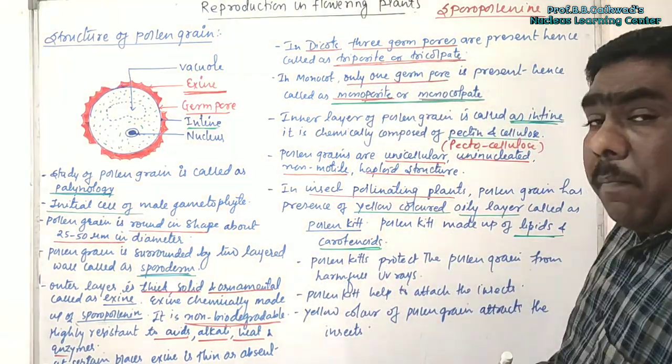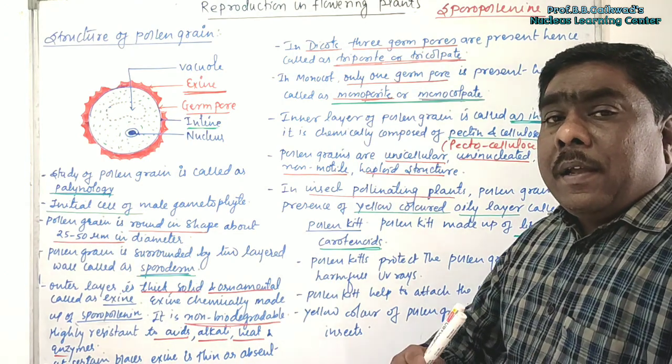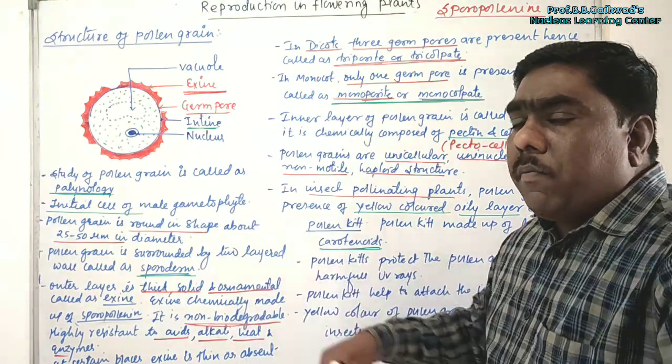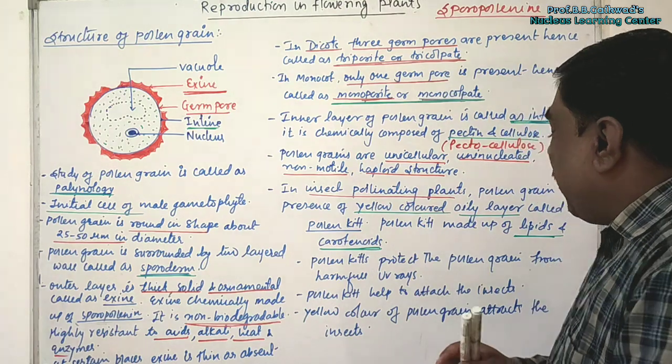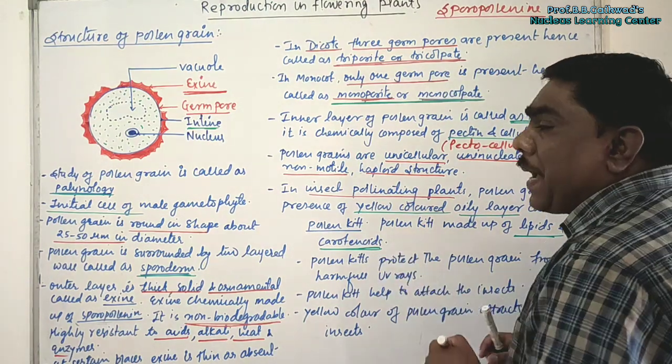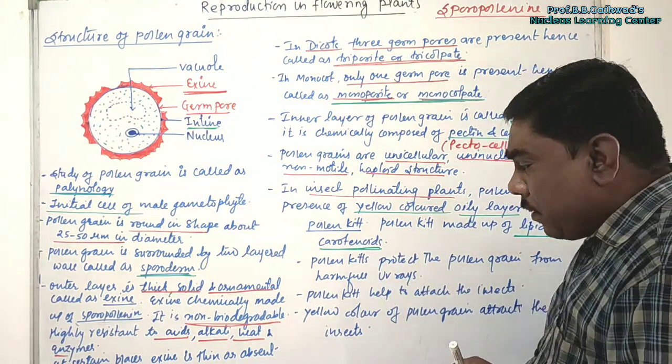So keep in mind, pollen kits which are present outside pollen grains of entomophilous plants are made up of lipids and carotenoids. Is that clear?